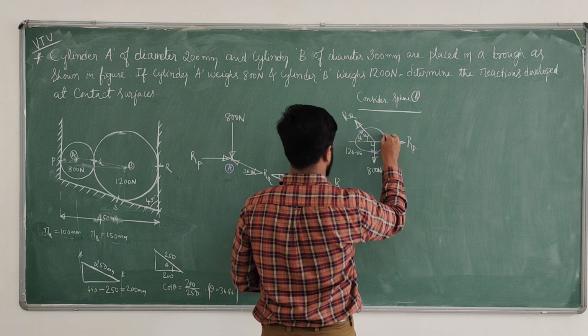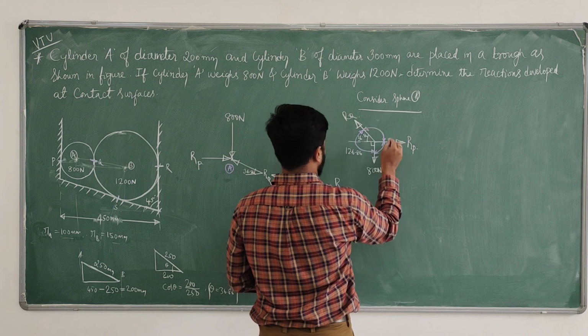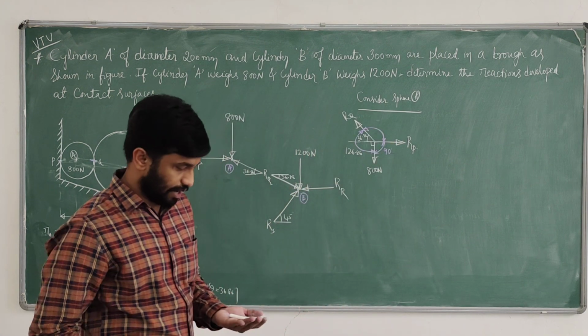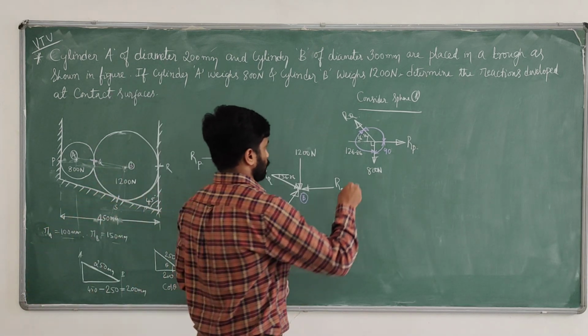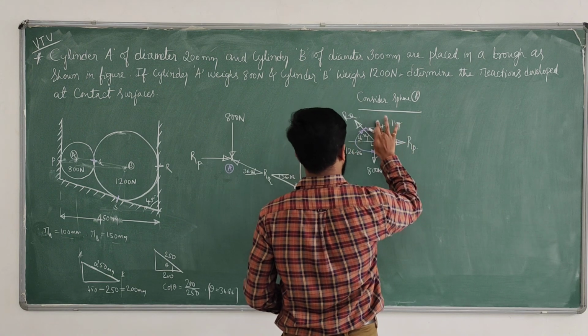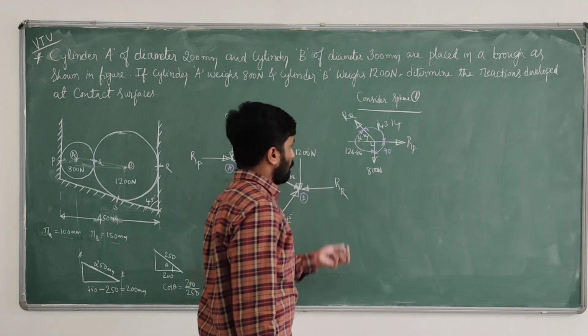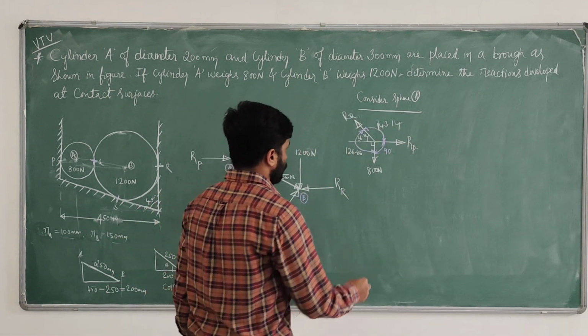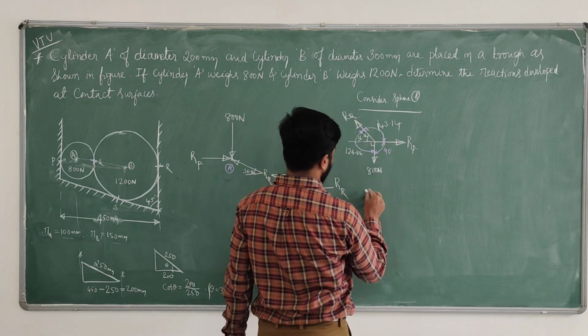So what is the remaining angle? 360 minus 90 minus 126.86, that is 143.14. Now apply Lami's theorem: RQ divided by sin of 90.